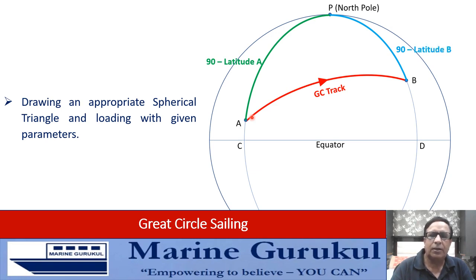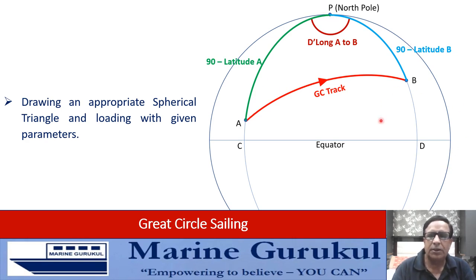So now in this triangle, this is the meridian of A and this one is the meridian of B. If I know the longitudes of A and B, then this angle becomes D long between A and B. This angle is the D long from A to B in case I'm going from A to B, and it would be D long from B to A if I'm going from B to A. In this spherical triangle, if I know the coordinates of the departure position, I can get the side PA.